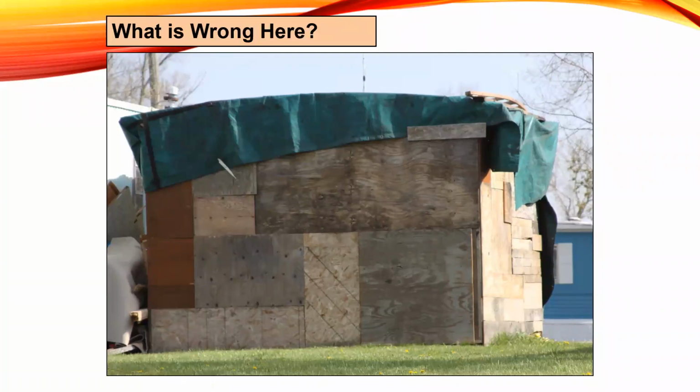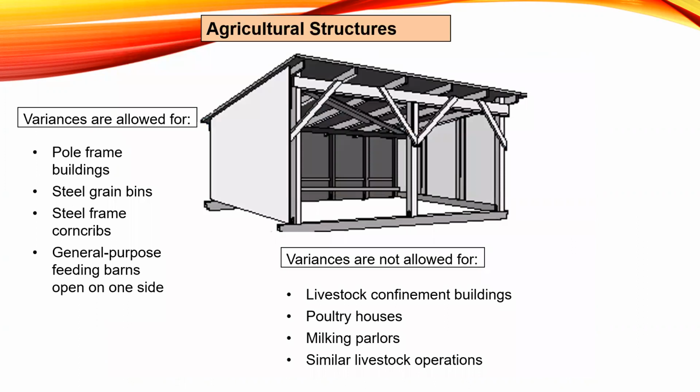Again, this might be another code enforcement violation, so coordinate with those other departments to make sure everyone is working in conjunction on making sure that structures are compliant. That's the long and short of accessory structures.